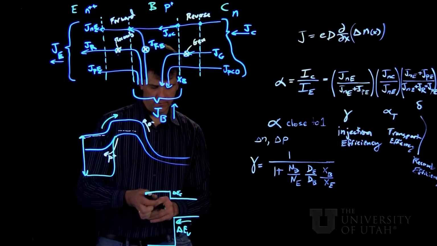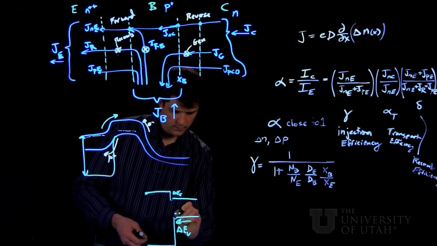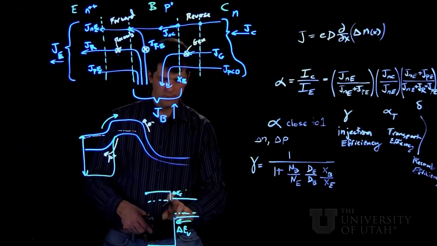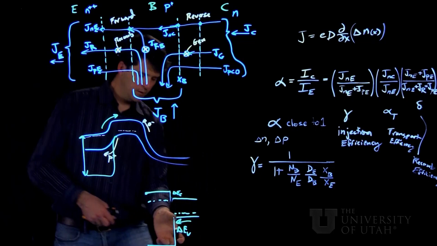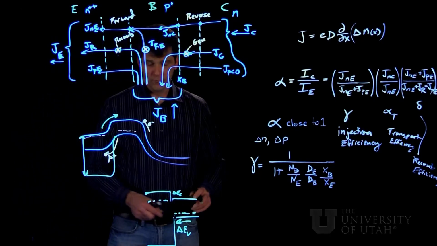And of course, you would have to take into account that these are doped in the opposite sense. So this band diagram would have some bending, but I'm highlighting here the very large valence band barrier.